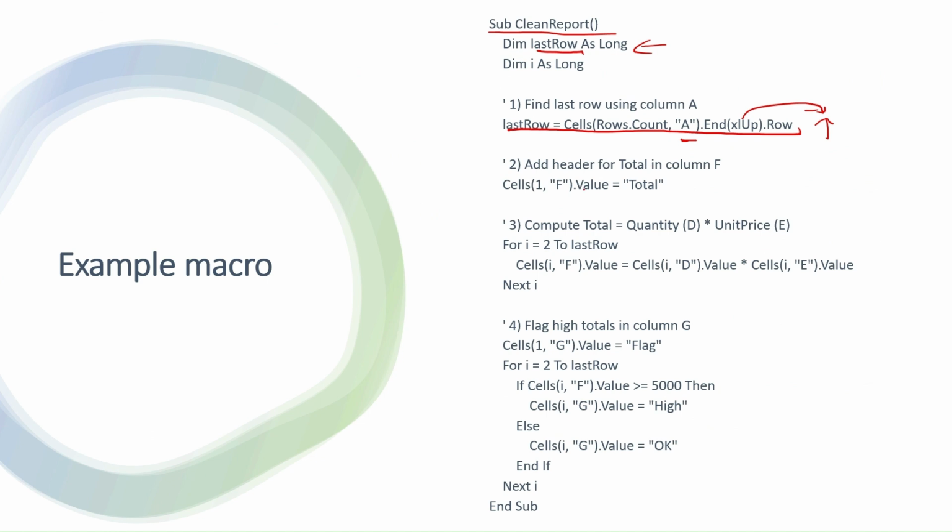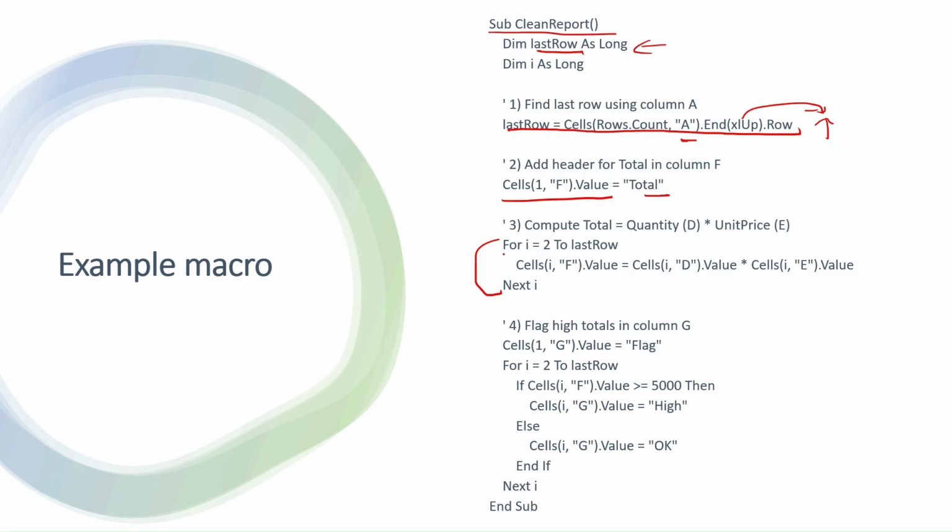And then you have Cells(1, 6).Value = "Total". What does it mean? It means that it will put the header word Total in cell F1. You see, it put the header Total in cell F1. And when you have put the header in the first row of column F, our next step is this loop.